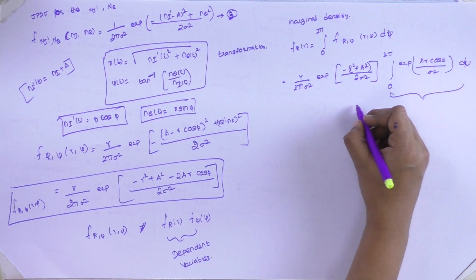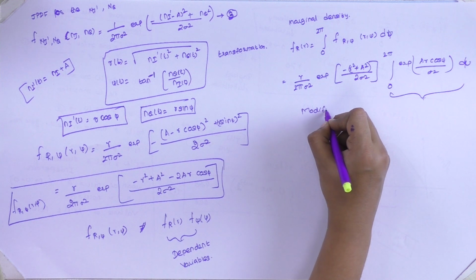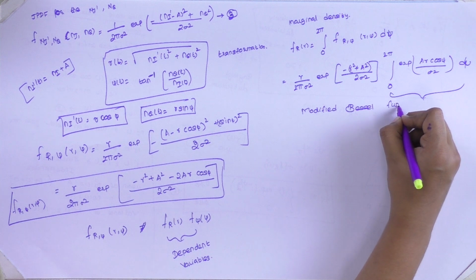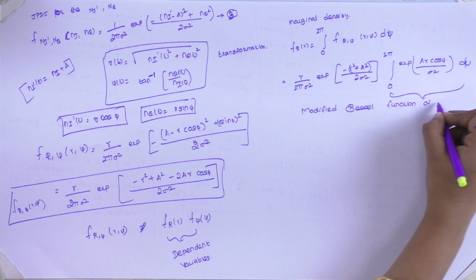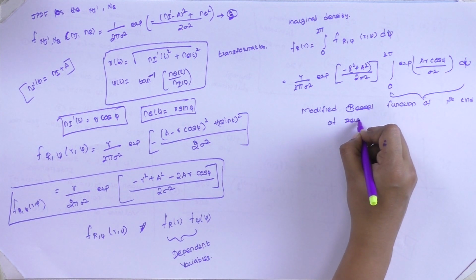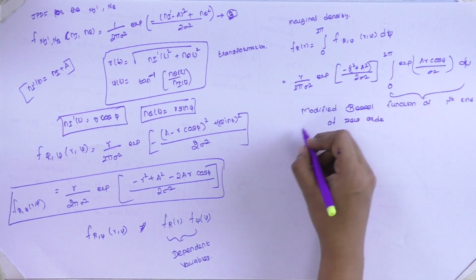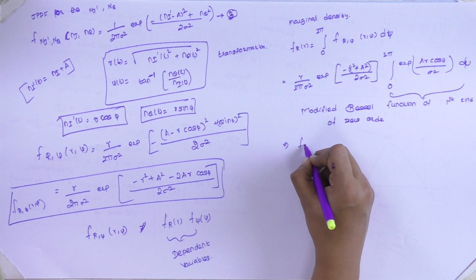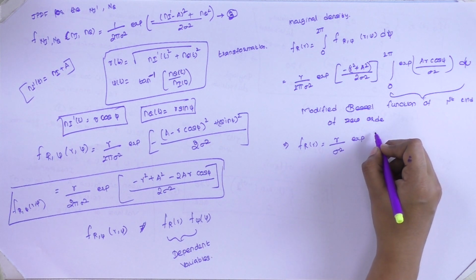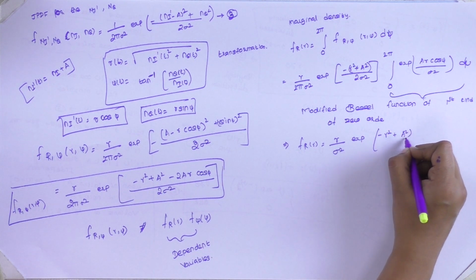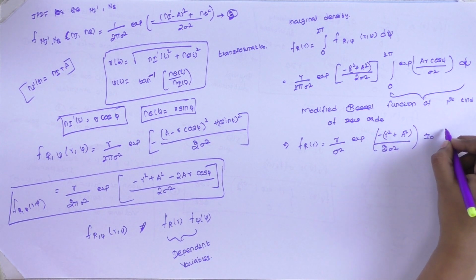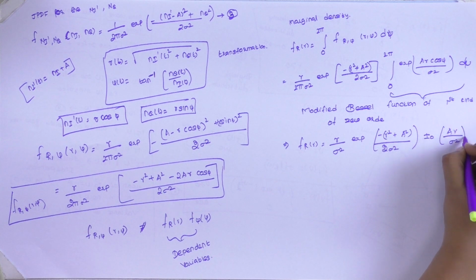This is the modified Bessel function of first kind of 0 order. Therefore, this can be rewritten as f of r is equal to r divided by sigma square exponential of minus r square plus a square divided by 2 sigma square into I naught of ar divided by sigma square.